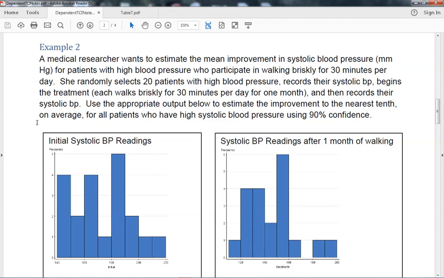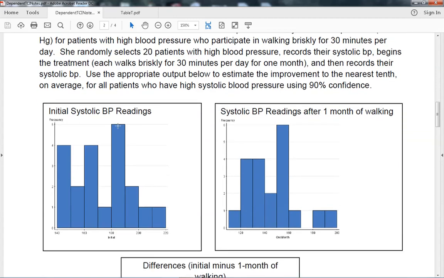Then they begin the treatment. So each day they walk briskly for 30 minutes for a period of 1 month. She then has them come back in and records their systolic blood pressure again. Use the appropriate output below to estimate the improvement to the nearest tenth on average among all patients who have high systolic blood pressure, and use 90% confidence in the estimate.